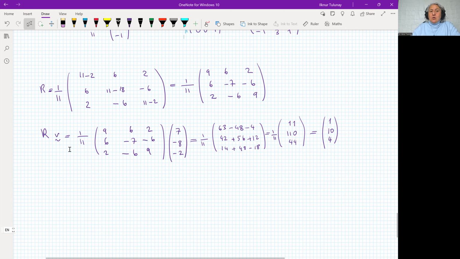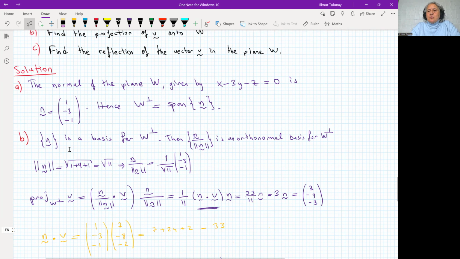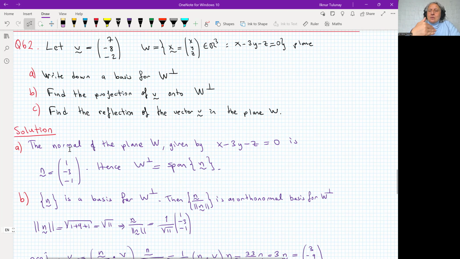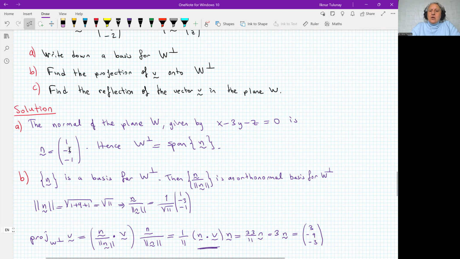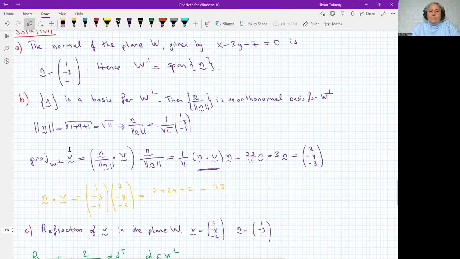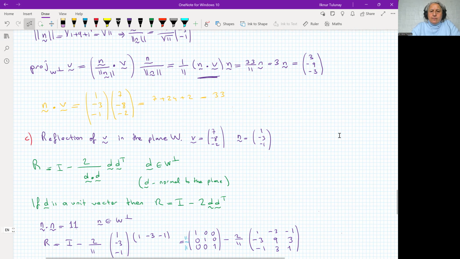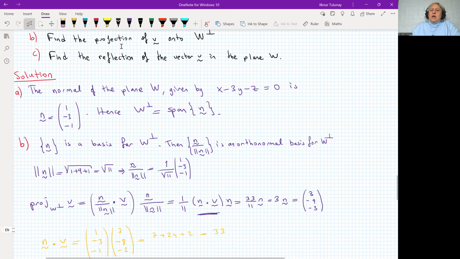That's all for this question, but there is one more thing that I want to say. This is a very simple way to do it. This is the most effective way to do it. You don't need to calculate W, for example, you don't need to calculate W bar using the null spaces of the transpose.